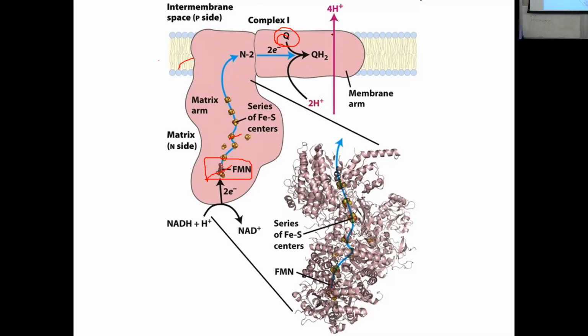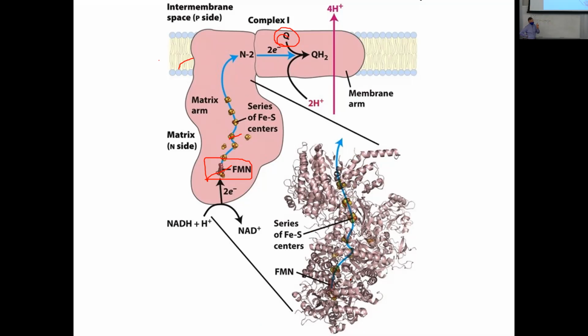Q being ubiquinone, sometimes called coenzyme Q. If you go to the drugstore or your local supermarket to the supplement aisle, you'll find this if you want. I'm not sure how much of this actually gets to you, but that's what it's used for. You can see this ribbon structure down below here. You can see that these iron sulfur clusters are positioned quite close to one another, allowing the electrons to move freely through this.